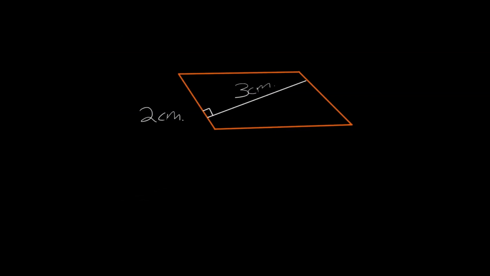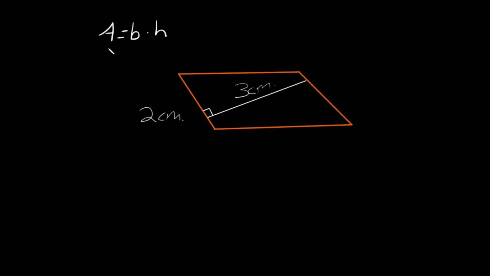And now I've drawn another example, but you'll notice this one is a little different. This time the height is not straight up and down. The height is actually between these other set of parallel lines. So I drew this to show you that it doesn't matter which set of lines the height is going from, the answer is still going to be the same. You just need to take the height and then the length of the side of one of the parallel lines. So we will just write the formula again. The area is equal to the base times the height.